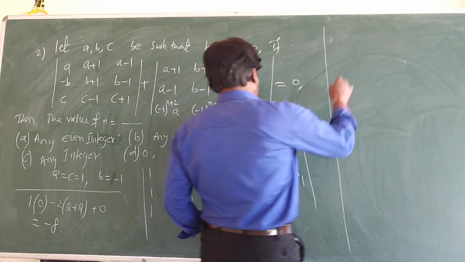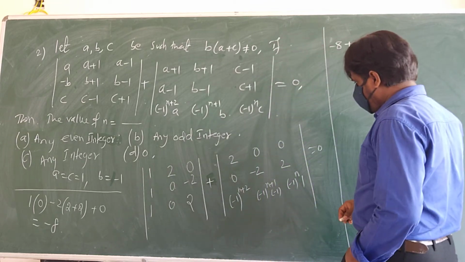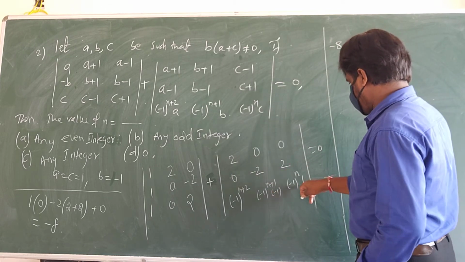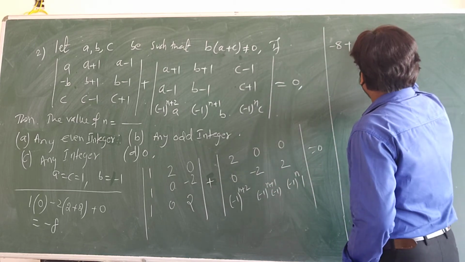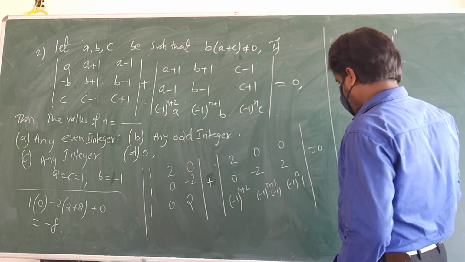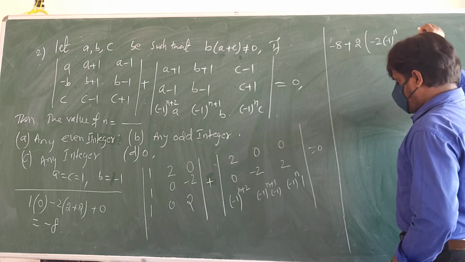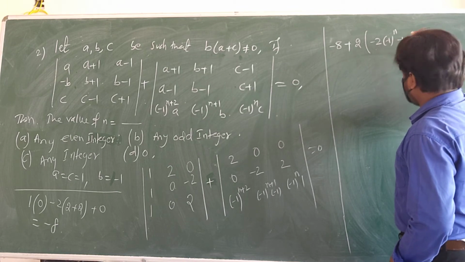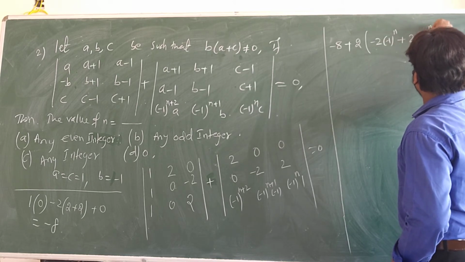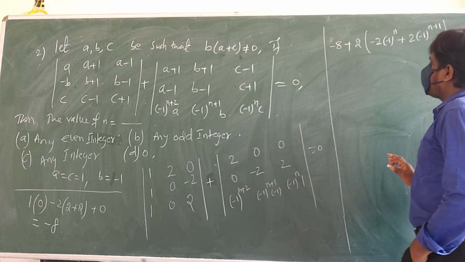This determinant is minus 8, plus this determinant will be how much? 2 into minus 2 into minus 1 power n. Minus into minus, plus 2 into minus 1 power n plus 1. Okay, this is what I am getting.